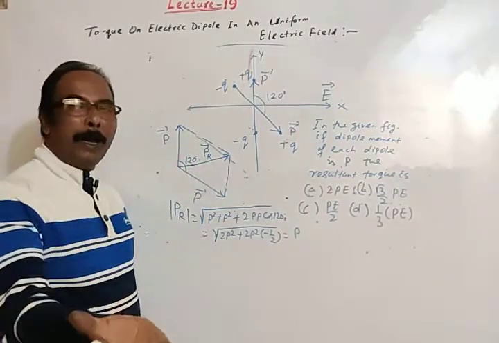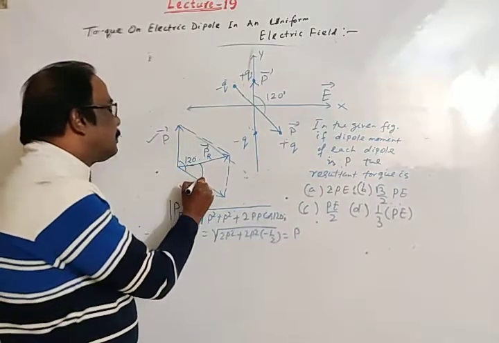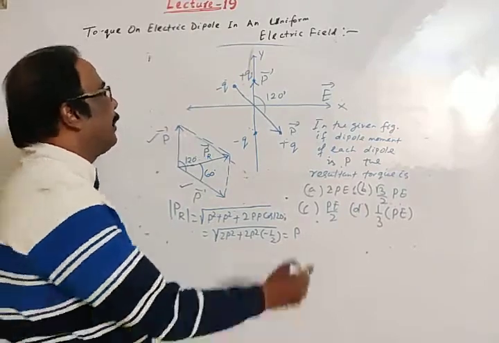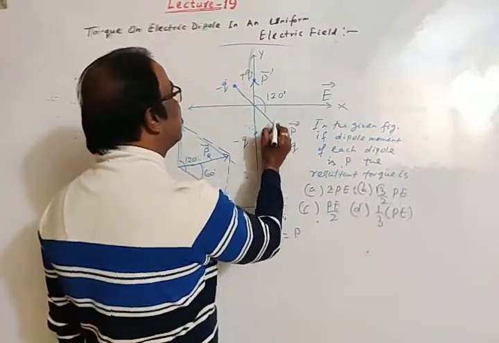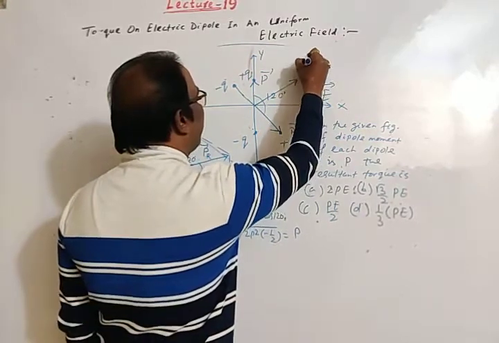Again, we have discussed that if the magnitude of two vectors is the same, then the resultant must bisect the angle between the vectors. If this is P, then this is their resultant dipole moment PR.